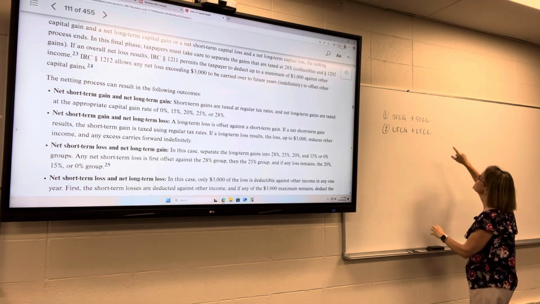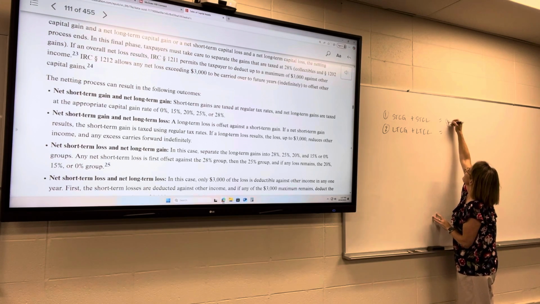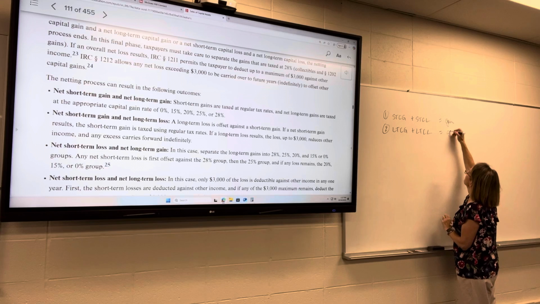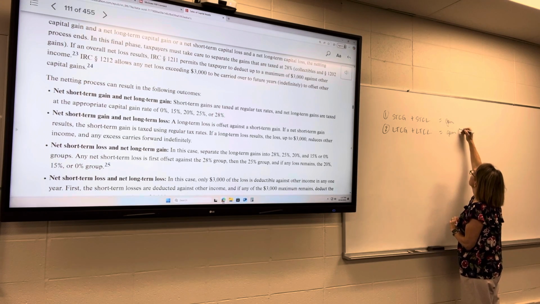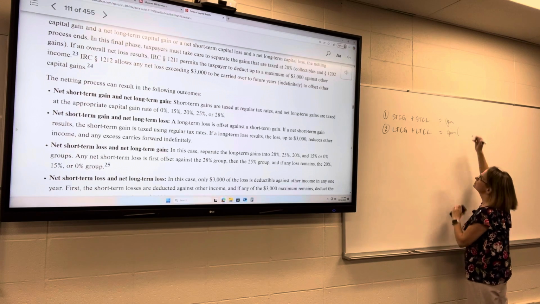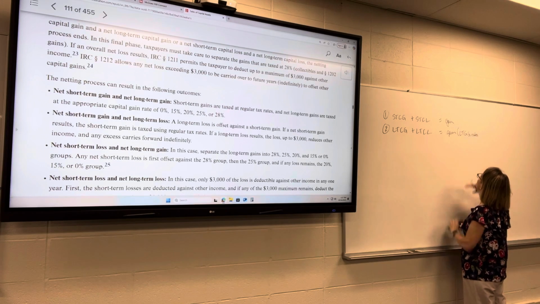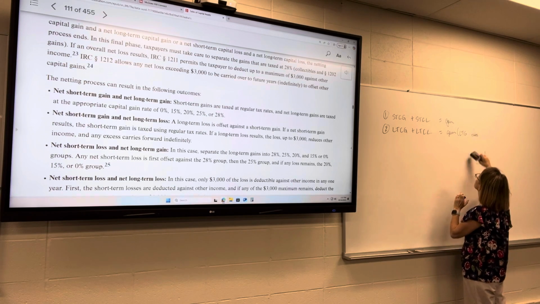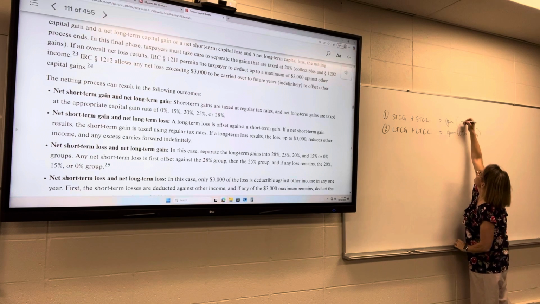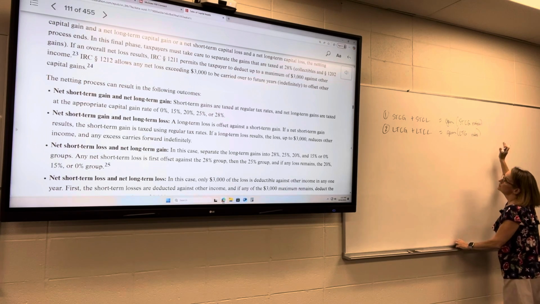So if it's a gain, then we're just going to apply it at the long-term capital gain rates. Capital gain, got a G in there twice. This will be short-term capital gain rates. And then we'll stop.